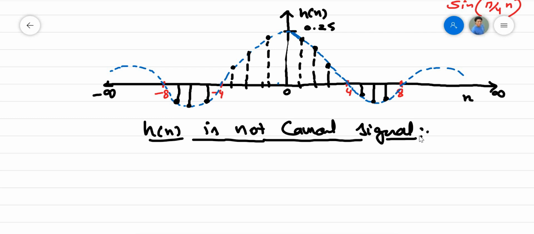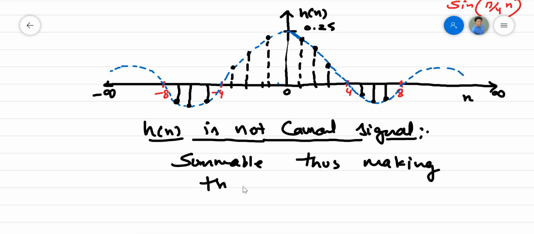Why? Because it is also not summable, thus making this filter unstable.